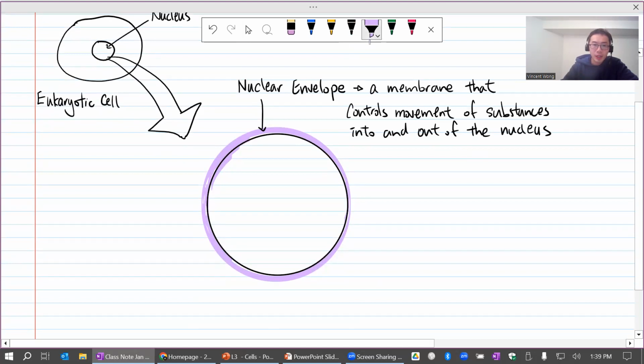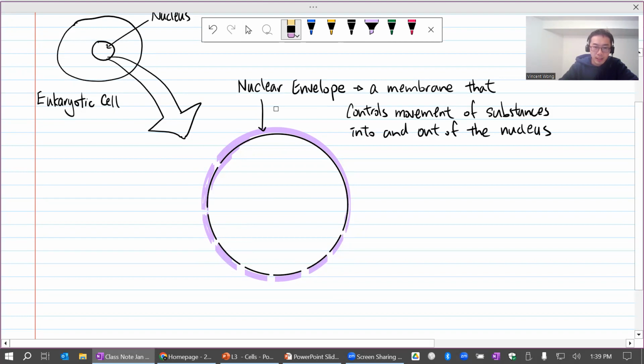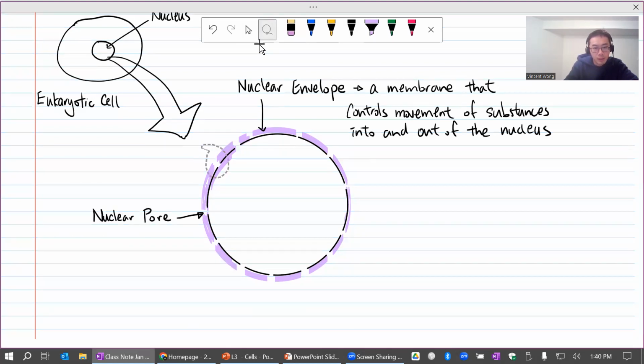Now this nuclear envelope has some gaps in it. It has some openings in it. You can try to do that on yours. These little openings are called nuclear pores. Nuclear pore, and then another pore here and another pore, right?